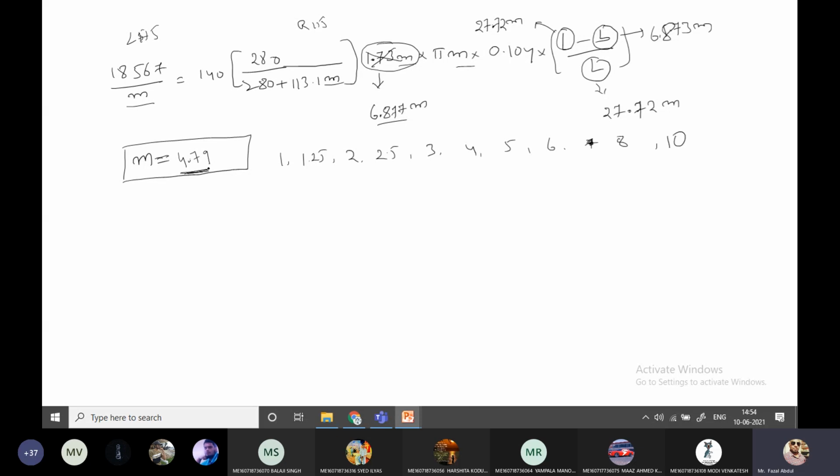So you are getting 4.79, which means no need to go further. Is it right, Babu? Module 4.79, is it correct? If you all are getting the same answer, then 4.79 is correct.